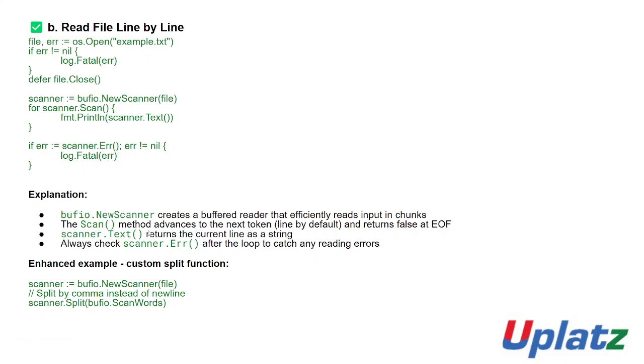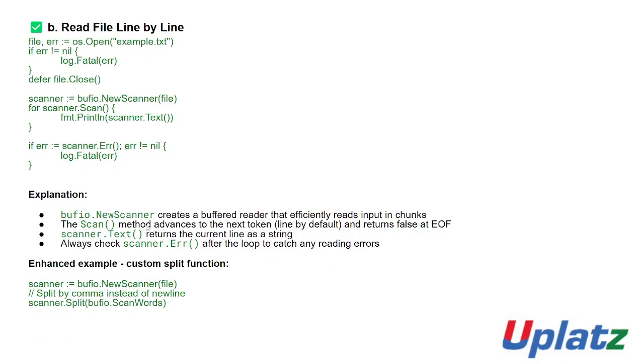The Scan method advances to the next token, which is a line by default, and returns false at EOF, that means end of file. scanner.Text(), that is for the line, returns the current line as a string, and this is printed here. Always check scanner.Err() after the loop to catch any reading errors.